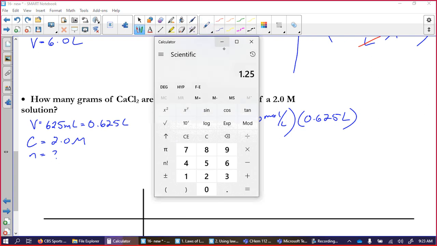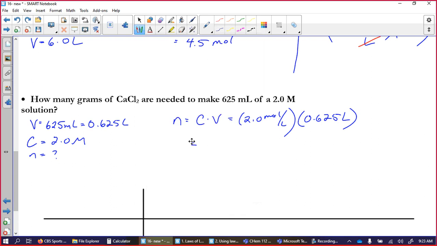So we've found this out. If you stop there on a test or whatever, you're going to get half of your value, if not slightly more, because you've done the concentration part, but the question asks for grams.